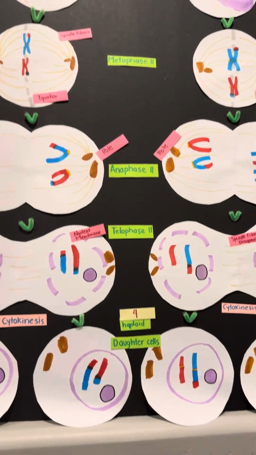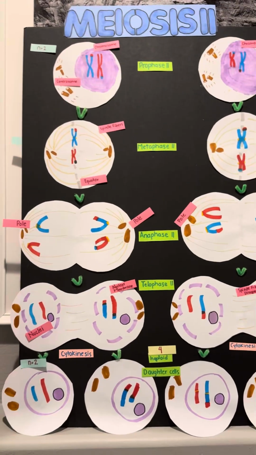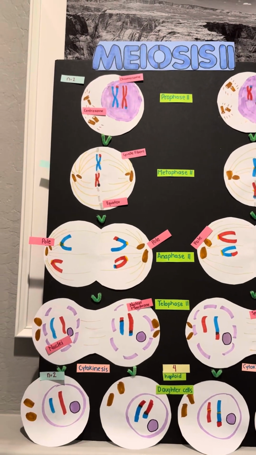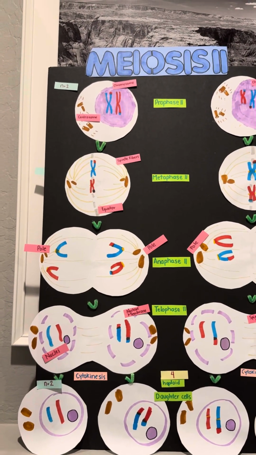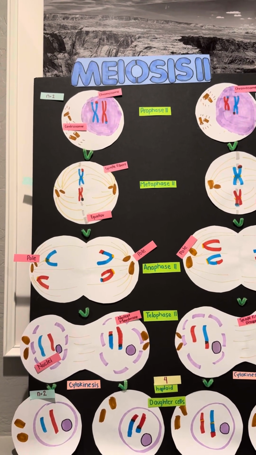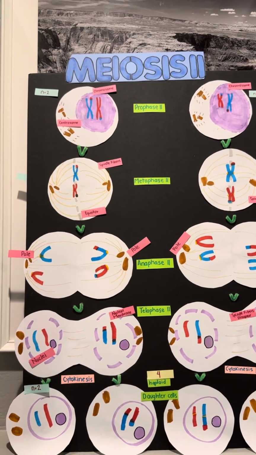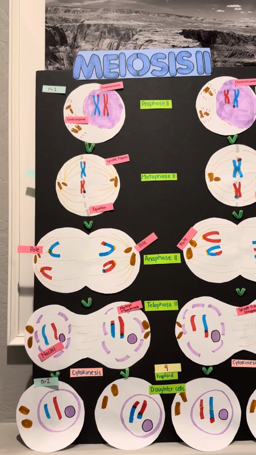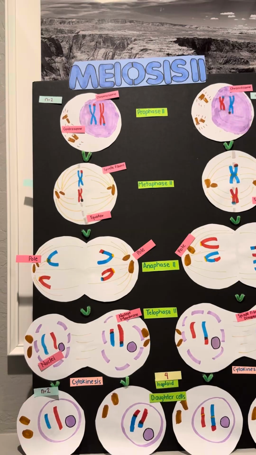Okay, now we have a little comparison between meiosis first and meiosis second. Well, meiosis first reduces the chromosome number from diploid to haploid, and in meiosis second the chromosome number stays haploid in the whole process.